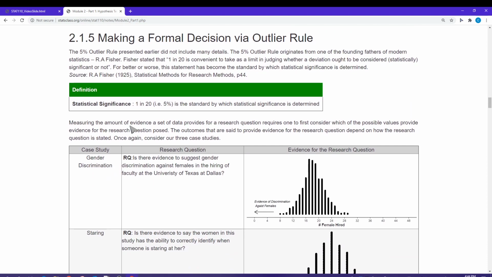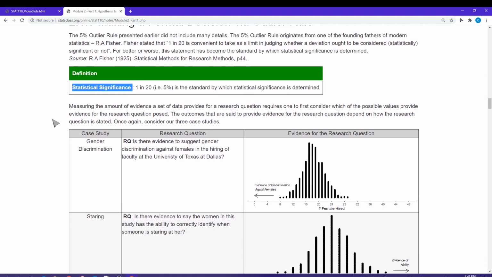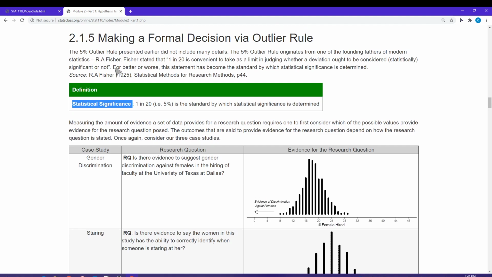Okay, so making a formal decision, we're going to do that with the outlier rule. We've already been doing that. We're going to use the 5% outlier rule because that's what we use in determining statistical significance. So one of our founding fathers of modern day statistics, R.A. Fisher, made a statement that 1 in 20 should be used in determining statistical significance.